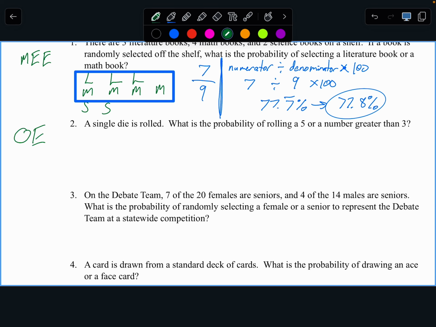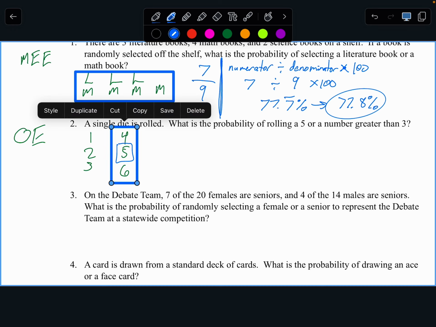Let's draw out the sample space. We have 1, 2, 3, 4, 5, and 6. So a number that is a 5 or greater than 3. We have 5. That's an option. Or a number greater than 3. That's 4, 5, and 6.